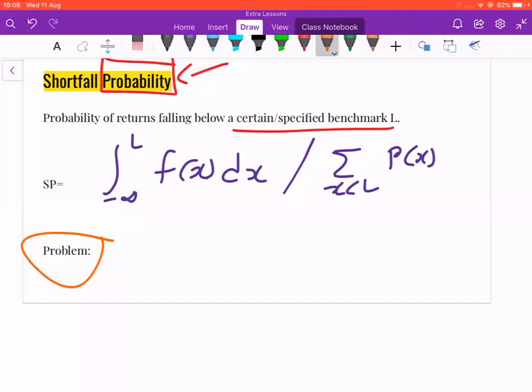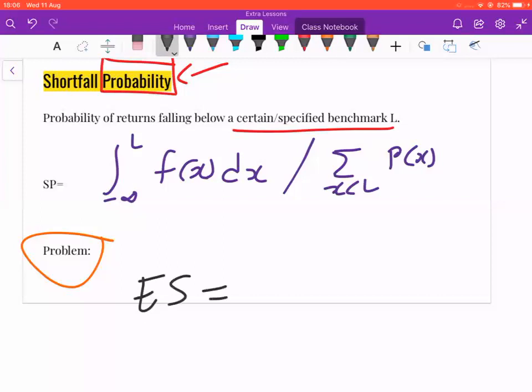Saying you have 20% probability says nothing, right? So you would want to find the probability times the loss, or the losses below that benchmark, right? Then this is when you move to expected shortfall, right? You will call it expected shortfall.